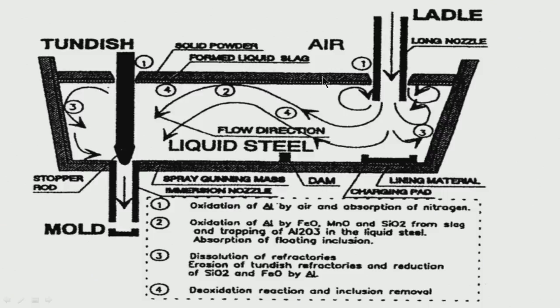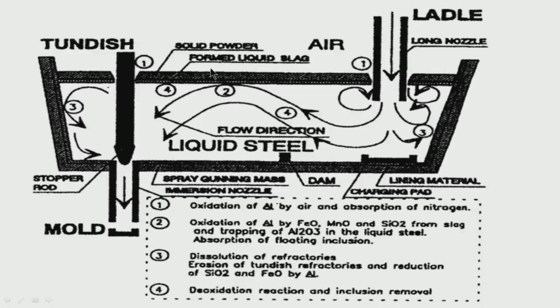I have discussed what the constituents of slag are here. So, there may be a possibility of oxidation of aluminum in liquid steel by air and absorption of oxygen again if there is air ingress. So, we have to be careful, there should be no air ingress.